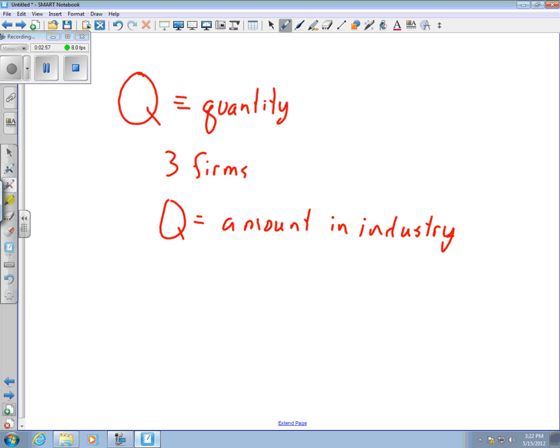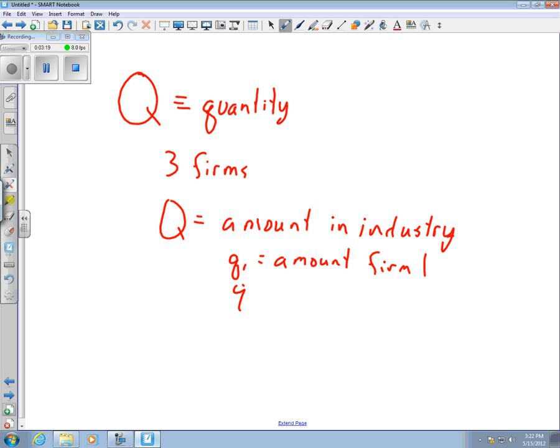But we are also interested in what each firm might have done. So we might think of Q subscript 1 is equal to the amount from, say, firm 1.